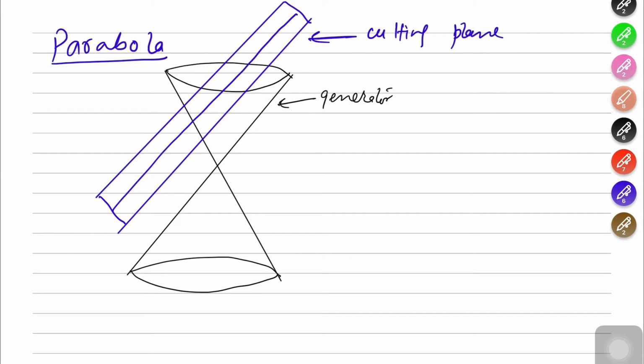In this case we observe this section is a parabola.